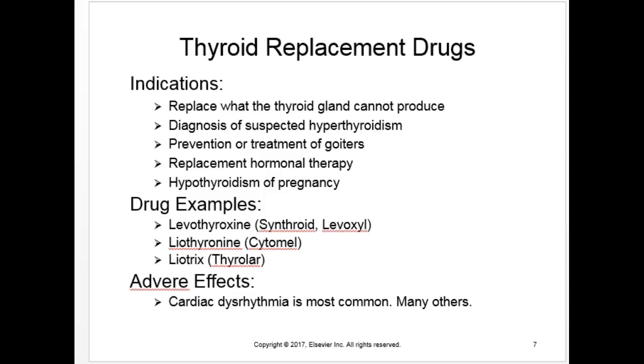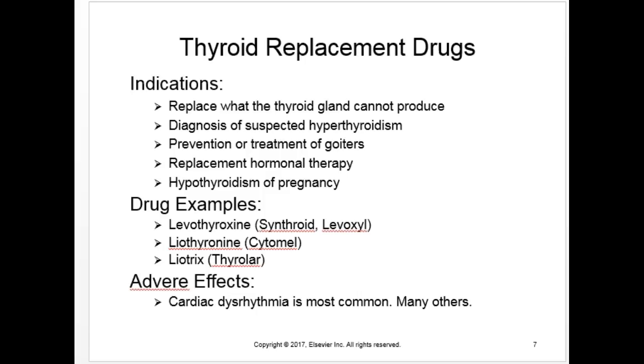And then these drugs can replace hormone therapy in patients who've had their thyroid gland removed for various reasons. They might have had hyperthyroidism, where it was producing too much thyroid hormone, and they had it removed, or they had thyroid cancer and had to have it removed. And there is something called hypothyroidism of pregnancy, where your thyroid doesn't work when you're pregnant, so you have to have some extra thyroid hormone. All kinds of reasons, okay?